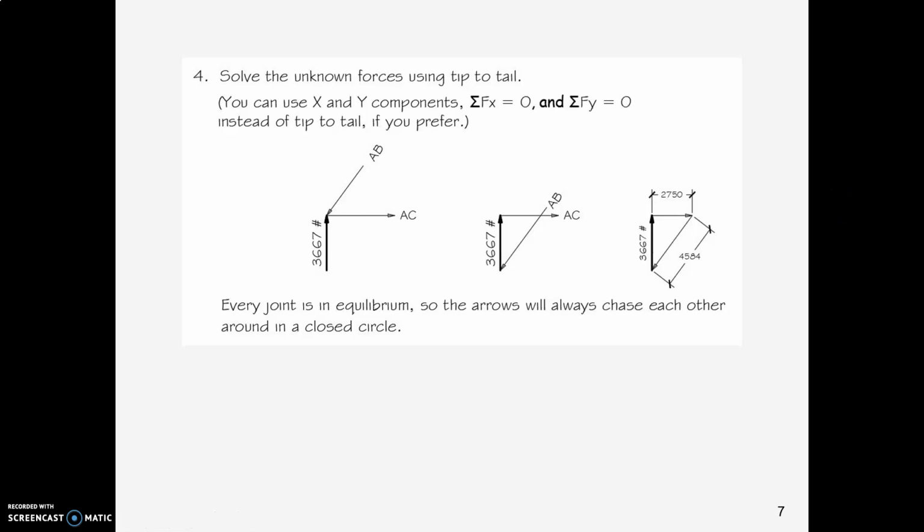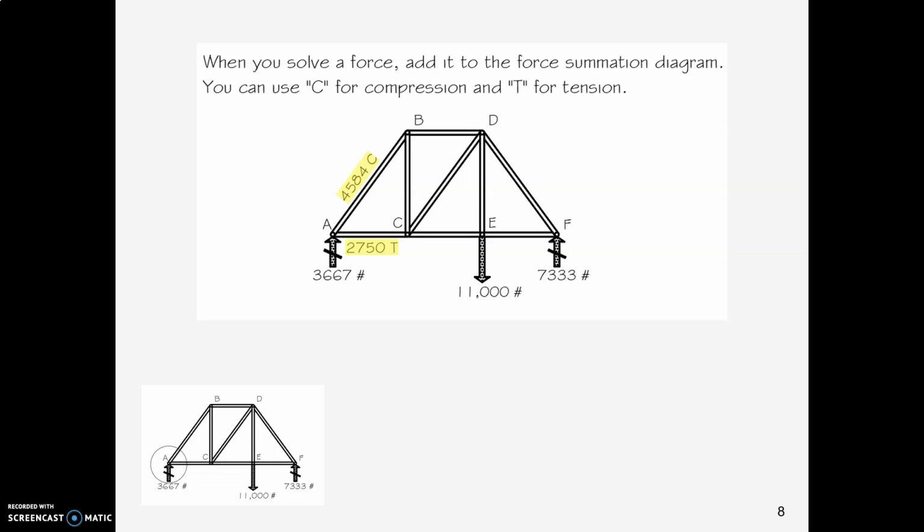So now I am going to write those numbers on my truss. This is the beginning of my force summation diagram, and when you're done with your truss, every one of these bars will have a number on it, and you'll just go around adding them one at a time. So I started at A with a free body diagram at A. I did a tip to tail.